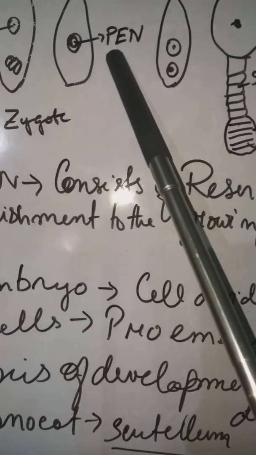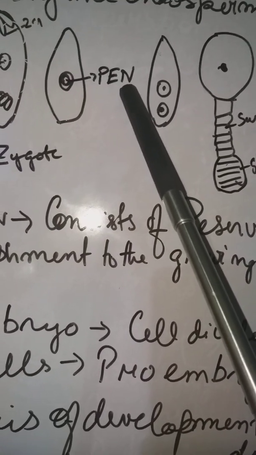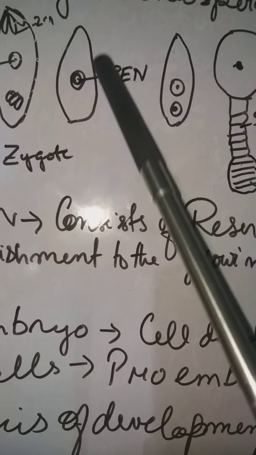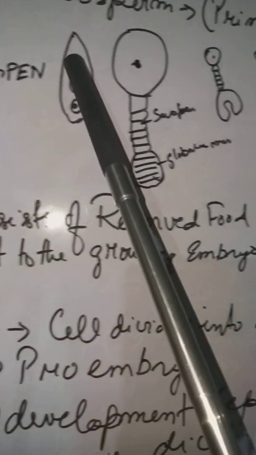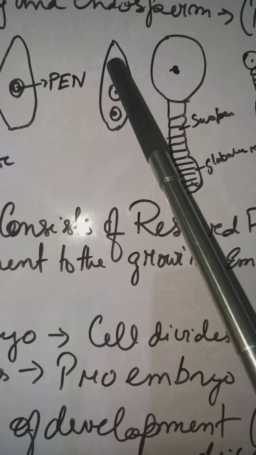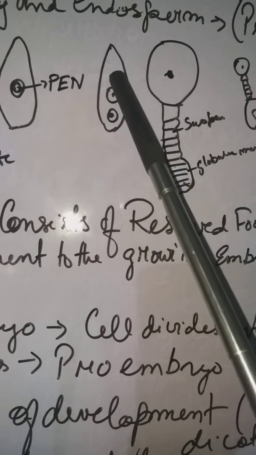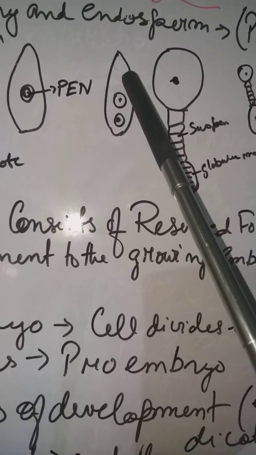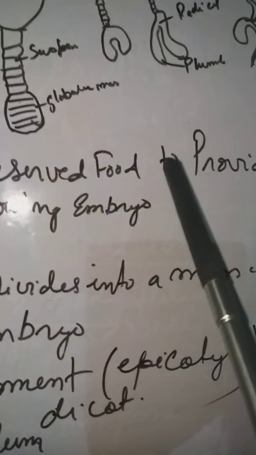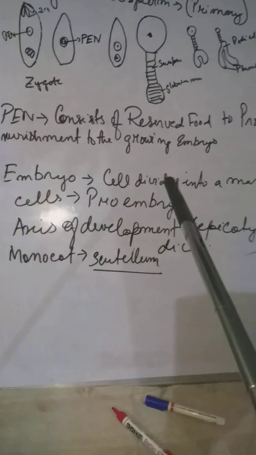That means PEN divides randomly by mitosis and completely covers the nucleus. What we see in this position are the endospermic cells, the endosperm. And what is endosperm? Endosperm has the reserve food and provides nourishment to the growing embryo.